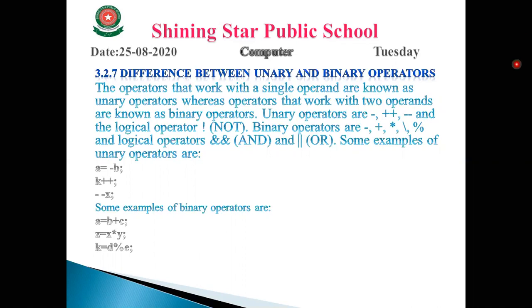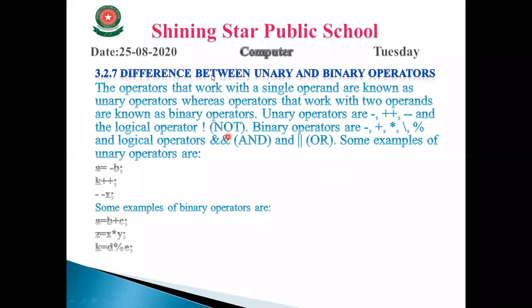So this 5 and 6, these are the operands. The operands are defined as the data on which we apply the operator. These numbers are called the operands.